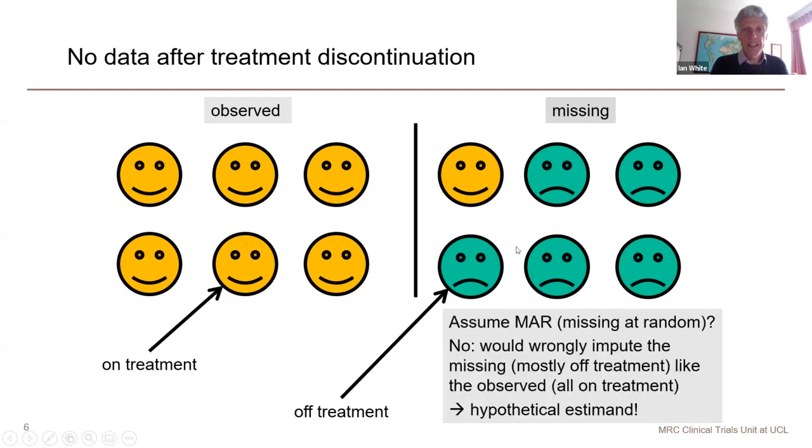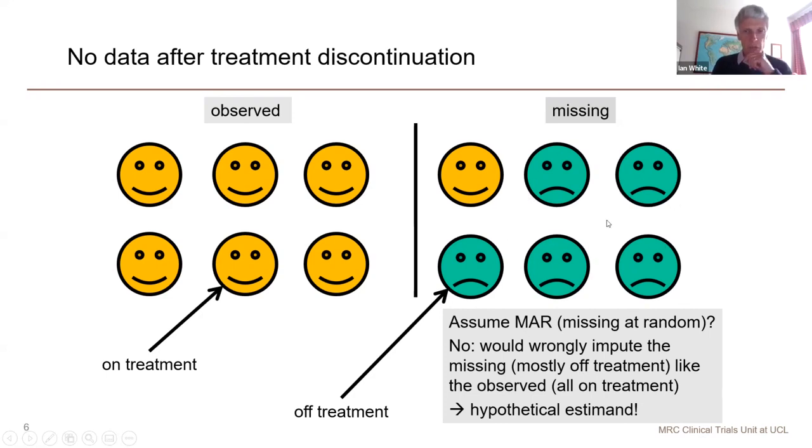The problem is that if we assume missing at random in our analysis, which our standard approaches do, then we would be assuming that these missing values are comparable to these observed values, possibly after accounting for other covariates that may differ. That's a problem, because we would be imputing or otherwise inferring these missing values based entirely on on-treatment values.